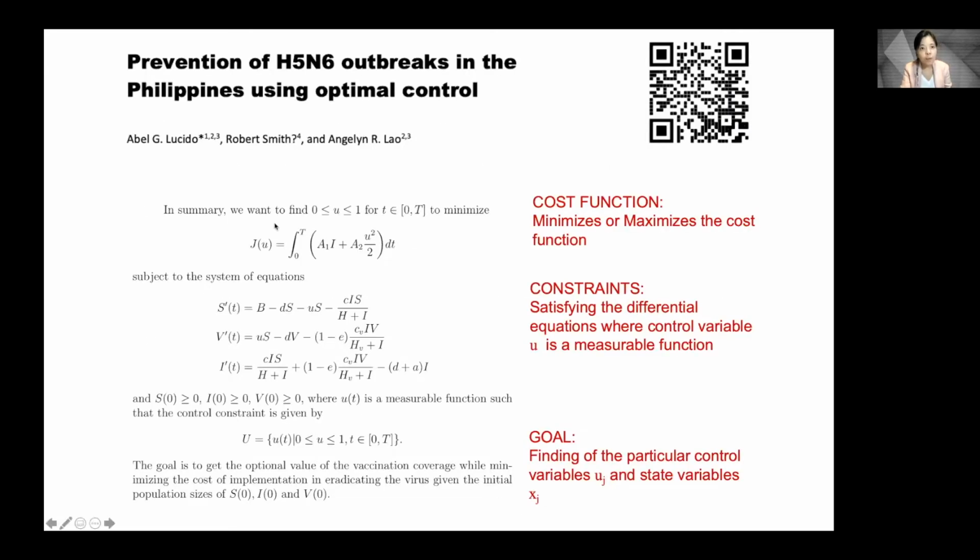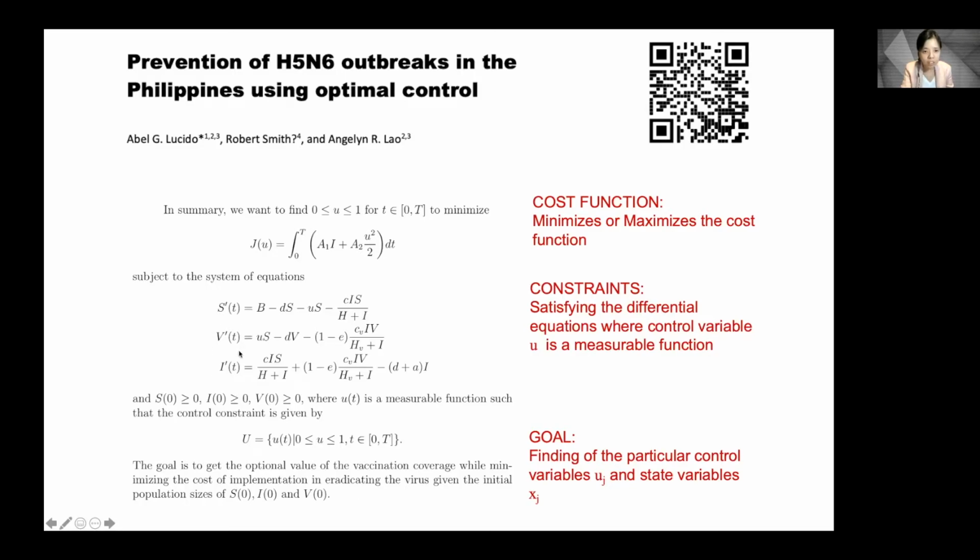This is an example of a model that we have in this study. This is our cost function. What we try to do is minimize the number of infected population given that we apply this control strategy. While we are optimizing, in particular minimizing, this cost function, we want it to satisfy this condition, which is the SIR model, SEIR model, or SVI model.